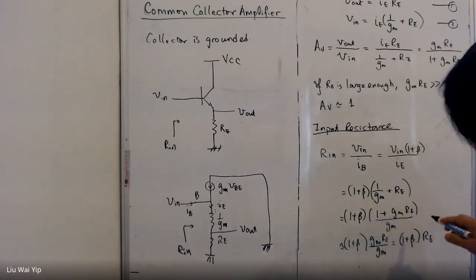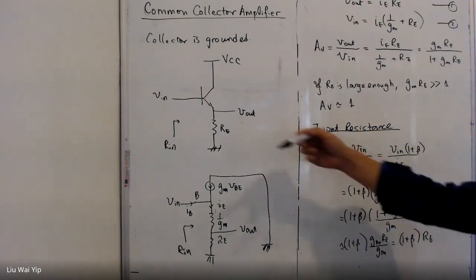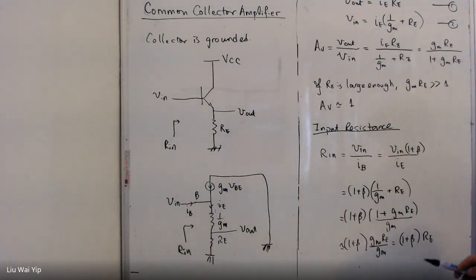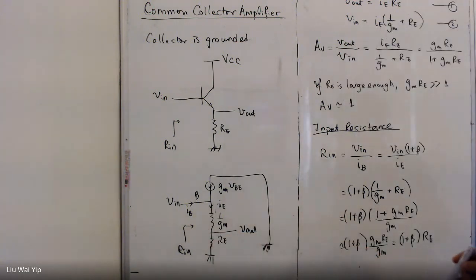So this is just an approximated expression. The larger the beta, the larger the forward current gain, the higher the input impedance that you will get. And also the choice of the tail resistance here is also important. We should choose a large value in order to maximize the input impedance.